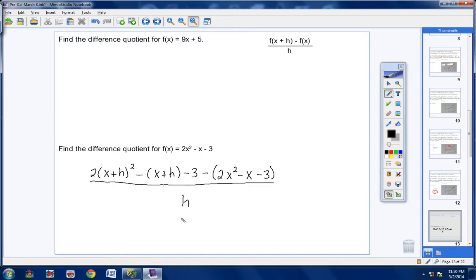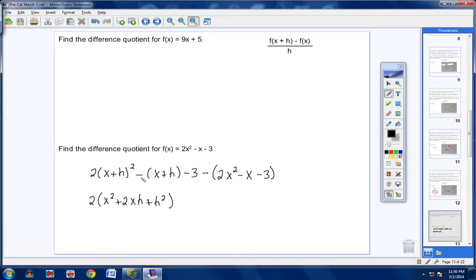Now, for the rest of this problem, I'm not going to put the h in the denominator until the very end because it's just a waste of space, okay? I'm just going to keep simplifying my numerator over and over. So first of all, x plus h times x plus h would be x squared plus 2xh plus h squared, okay?